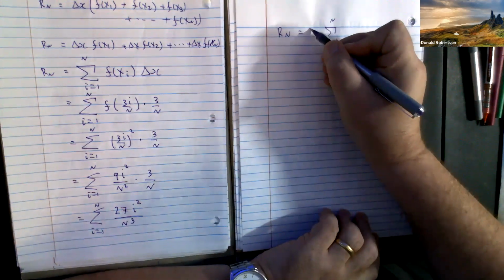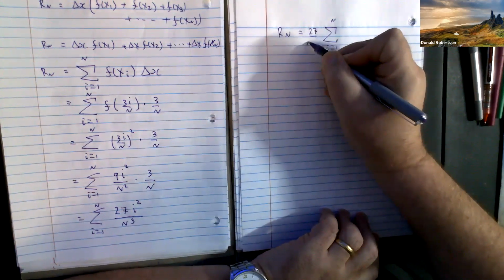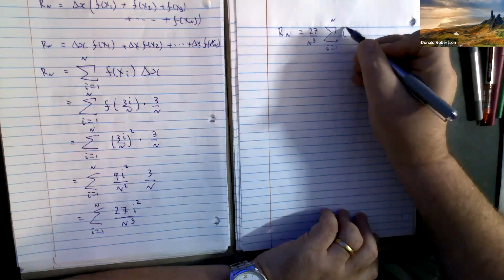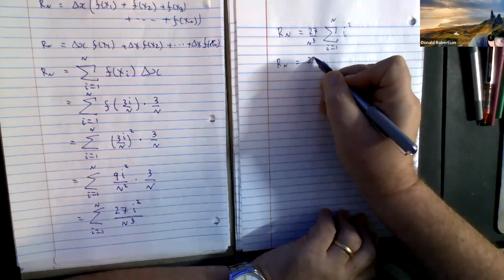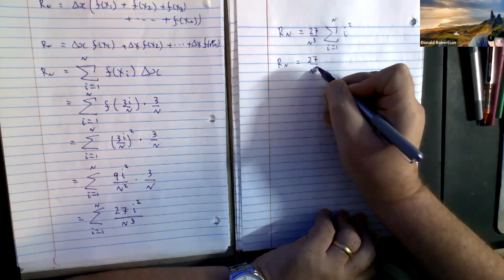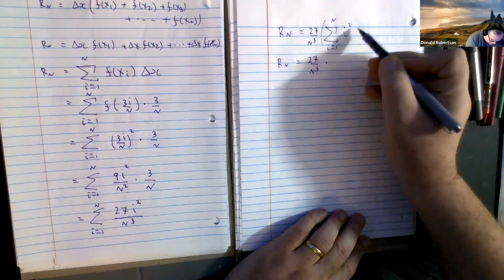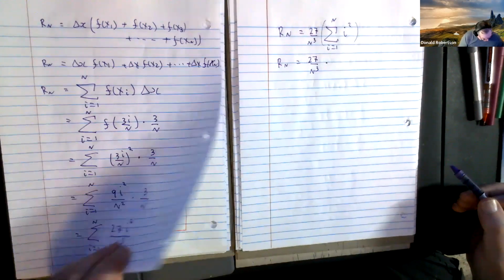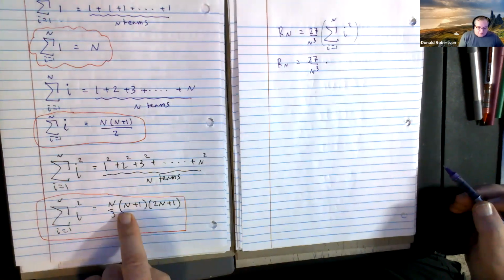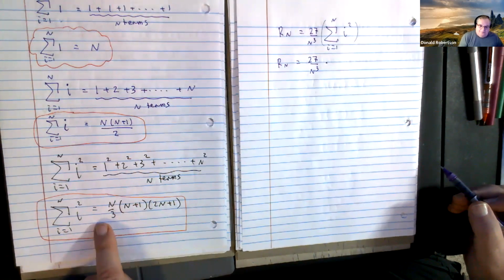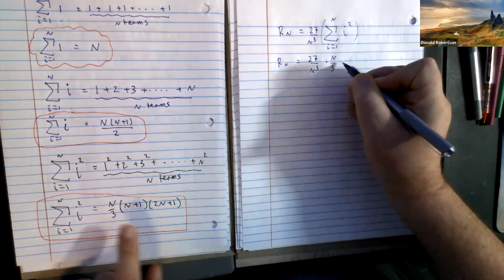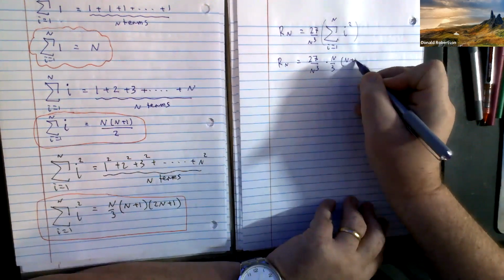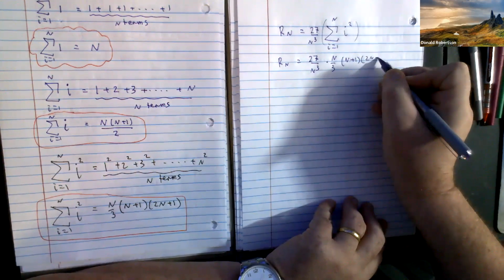So we now have 27 over n cubed of that guy. And now this guy gets replaced by that. So we now have an n over 6, an n plus 1, and a 2n plus 1.